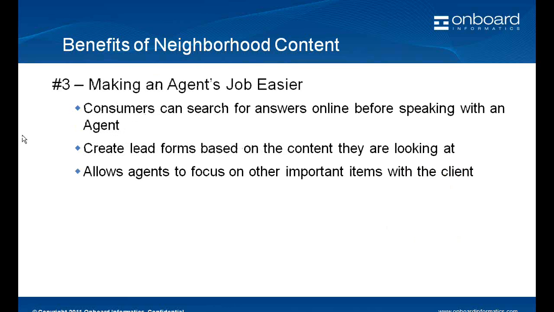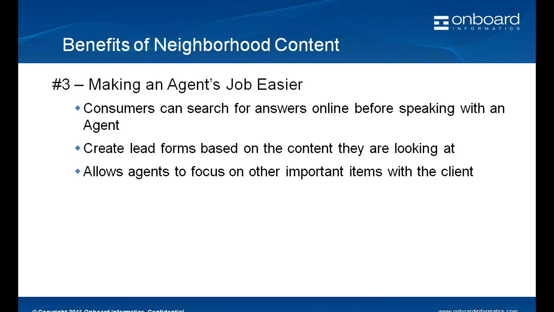The number 3, I think, is making an agent's job easier. Sometimes agents and brokers say, well, I want a consumer to reach out to me. I don't want them to spend all their time on the internet. But if you look at the stats, the fact is people are going to search on the internet for this information first, and then they're going to reach out to the agents.